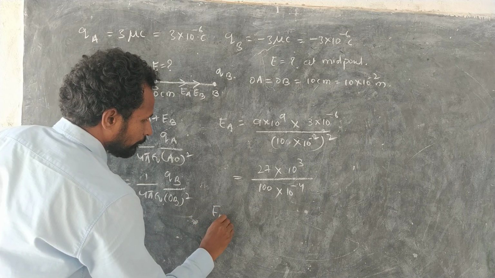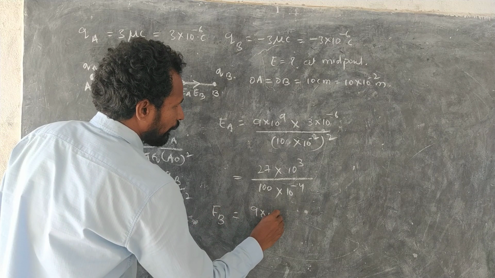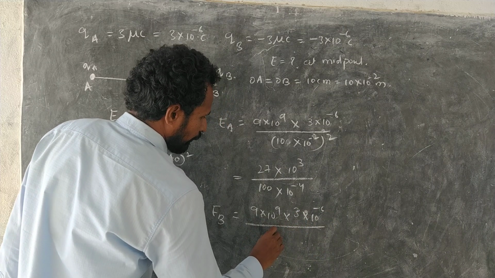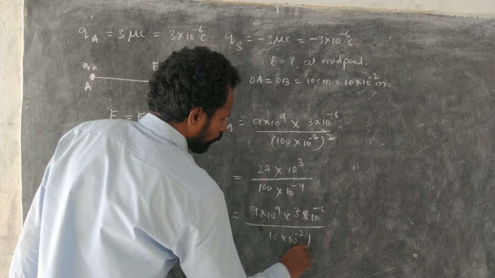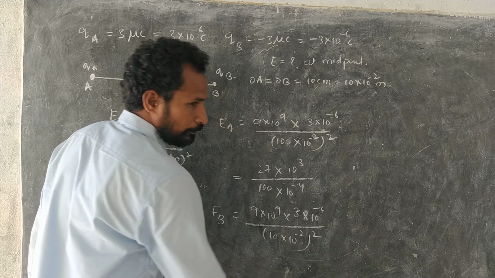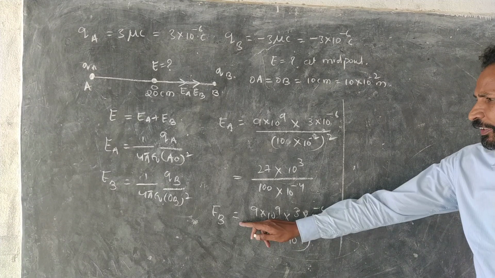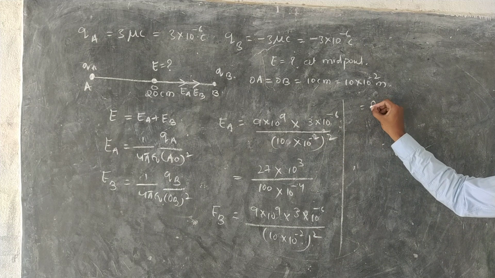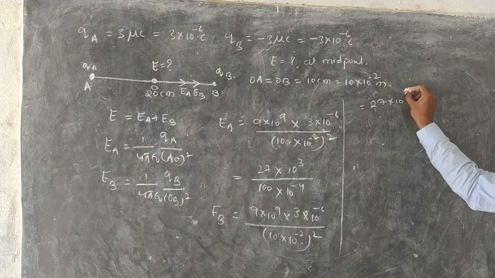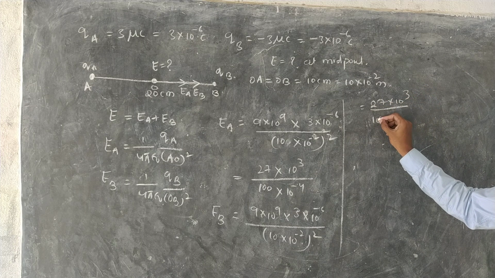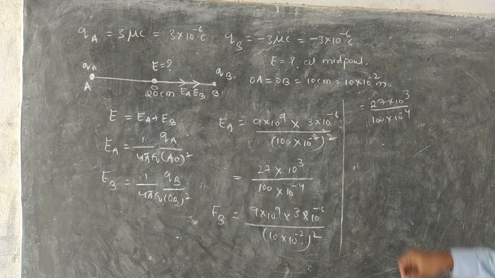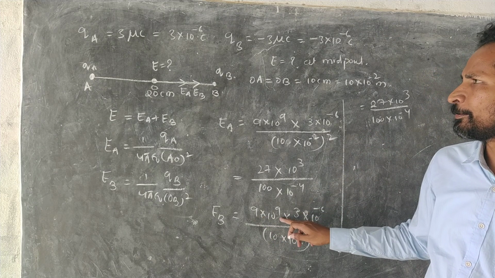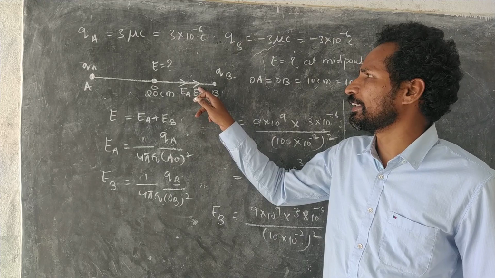Similarly EB: same 9 into 10 power 9, 3 into 10 power minus 6 by 10 into 10 power minus 2 whole square. Now EB is calculated; it is similar to EA, 27 into 10 power 3 by 100 into 10 power minus 4. Here I did not substitute minus, because we already decided the direction.